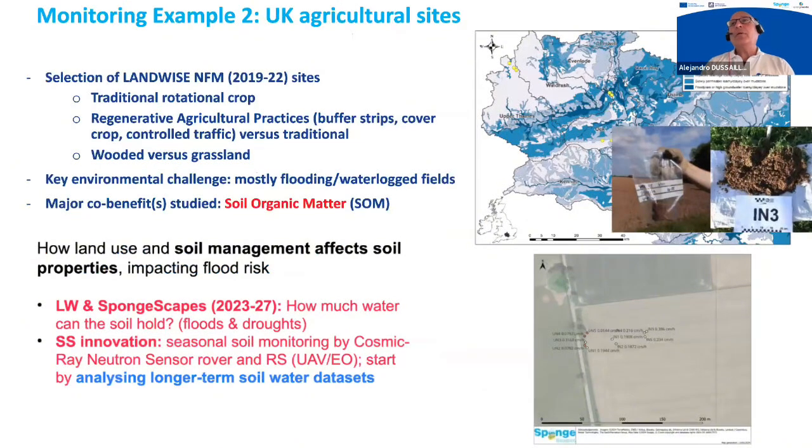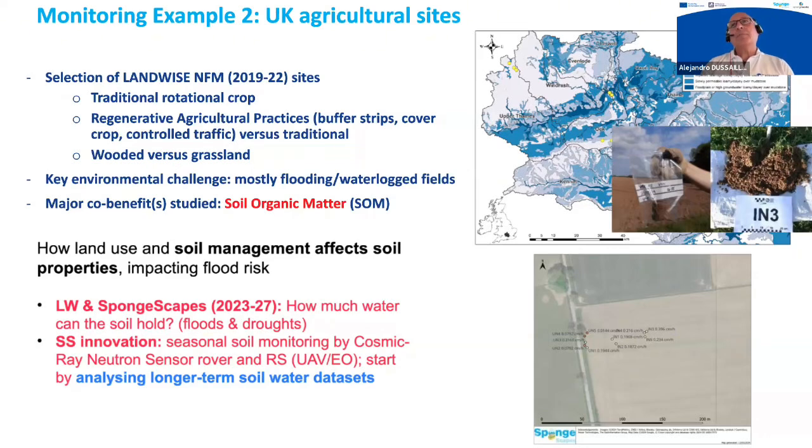The other big example I wanted to show is for agricultural practices. Here we also piggybacked on another natural flood management project funded by the Natural Environment Research Council in the UK the last few years, looking for evidence of how these measures, NFM particularly, could improve or reduce flood risk in communities.